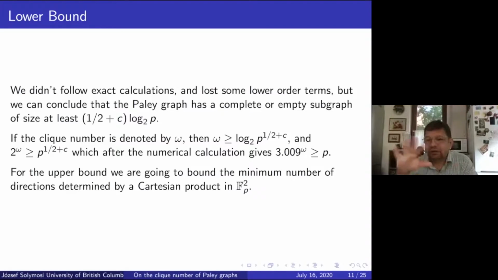So all those translates are disjoint, so that's immediate that square root p is a bound, or square root q if we have a power of p. And indeed, this is sharp for p squared, say, when your field is F_{p squared}.